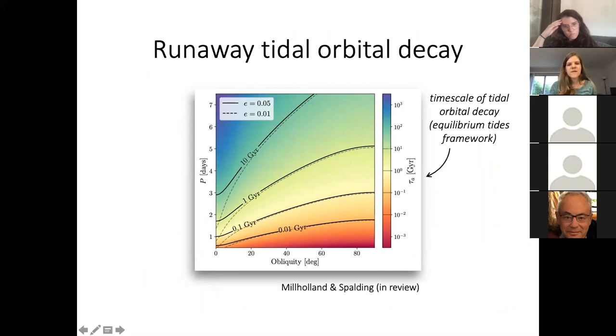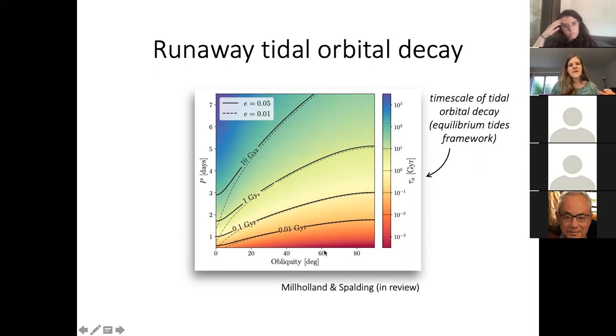So here is the 1 billion year contour line. And so the key point to see here is that if the planet begins with a small enough initial orbital period and an enhanced obliquity, then it will decay to even shorter orbital periods where the rate of decay becomes even faster.